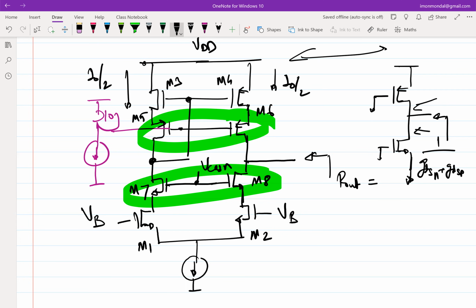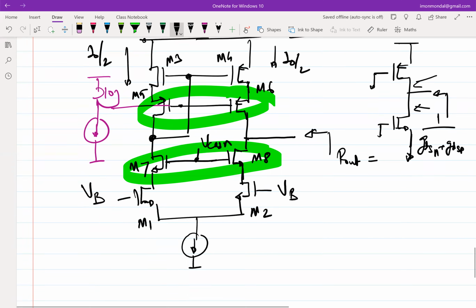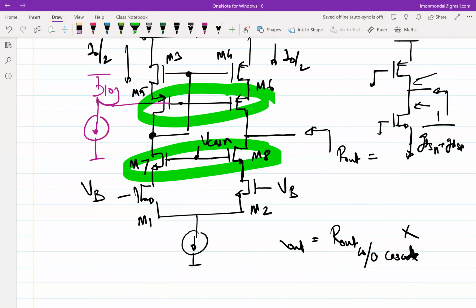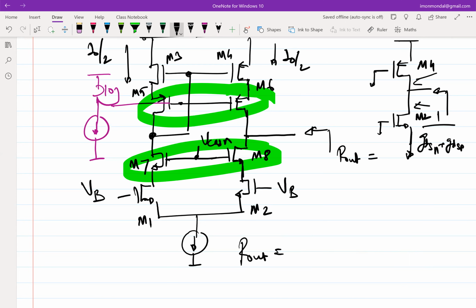So this Rout will be this Rout without cascode times, or let me not complicate it like this. So yes, Rout will essentially be the looking-in impedance up, which was RDS4 initially.